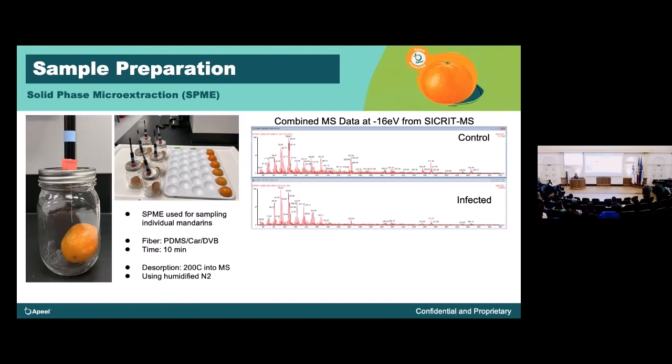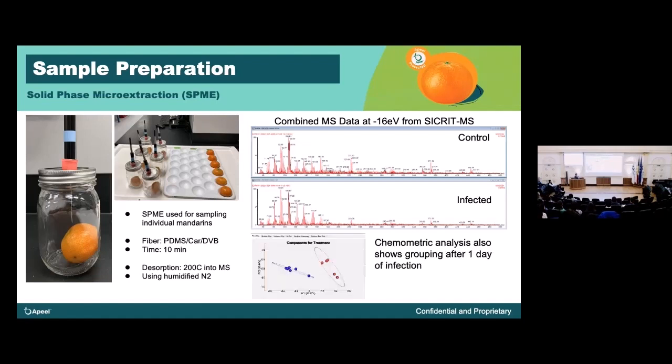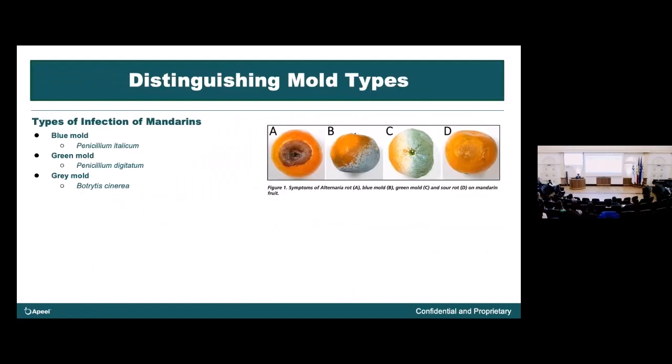I'm not great with software and PCA, so we converted this and used ChromCompare Plus so that we could do the PCA and group these. And we see really good groups of infection and non-infection after 1 day. Then we thought, well, can we determine different types of mold?